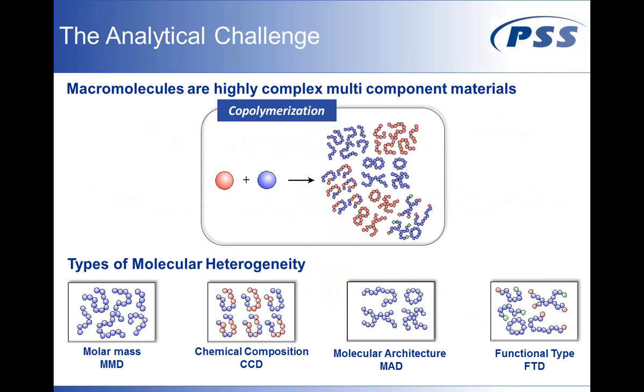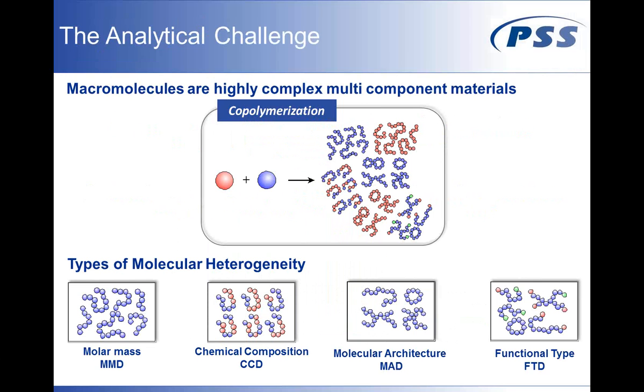But if you have two monomers which you mix together in your vessel, then you will create chains of different composition as well. That means here in this example you might have purely blue chains, or red chains, or something in between. This variation in the composition of the different chains in your polymer is what we call a chemical composition distribution.